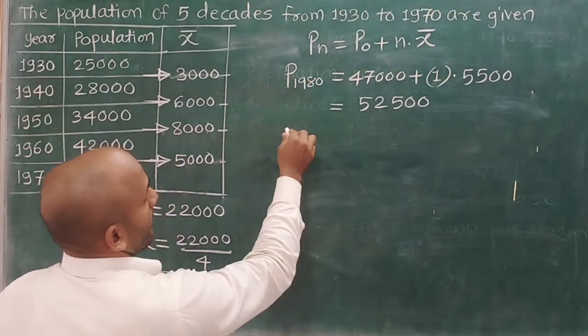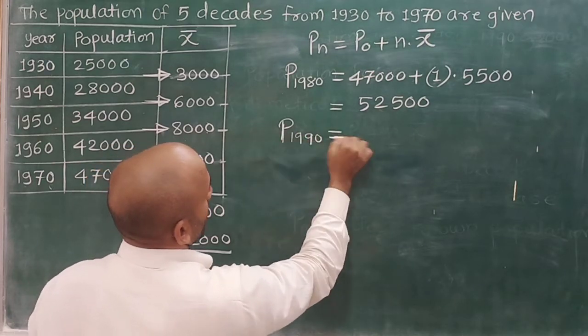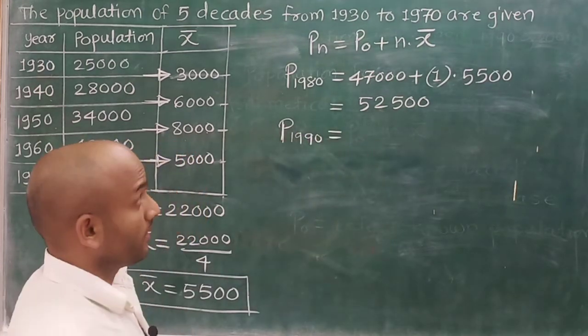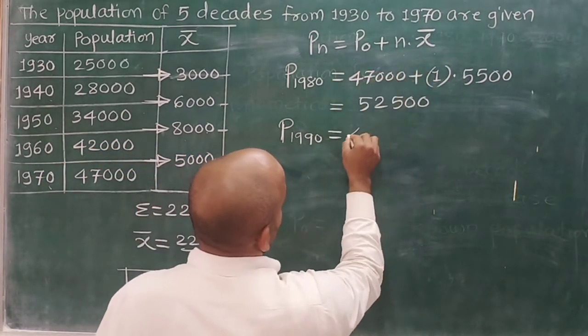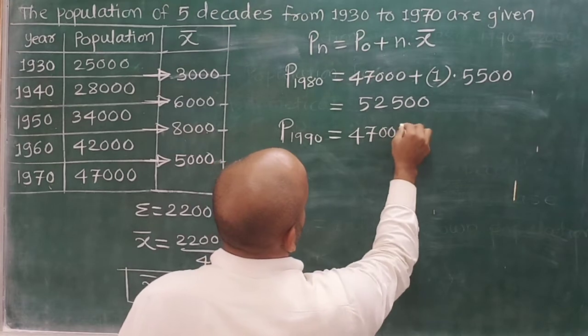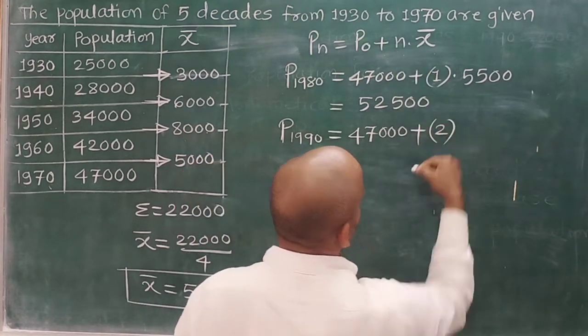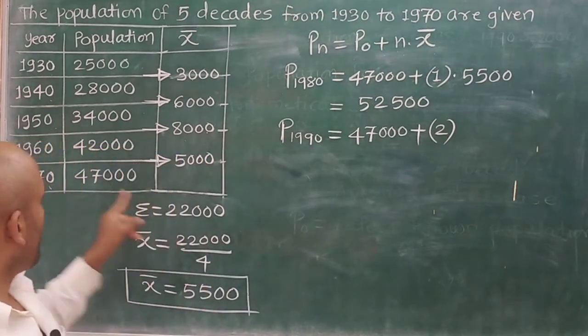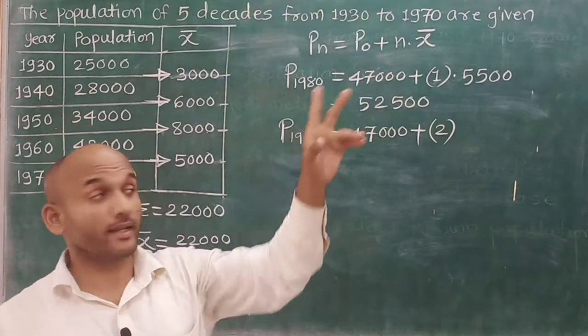Now find out the 1990 population. Again the same formula, P naught plus n into x bar. P naught is the latest known population plus n is the number of decades. Number of decades will be 2 because the last population known is 1970 and we have to find out the population in 1990.